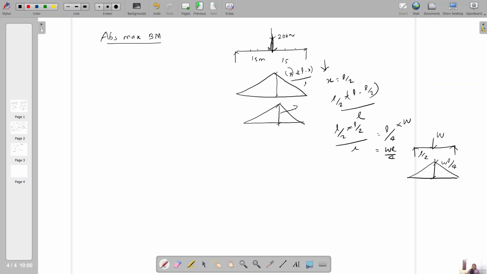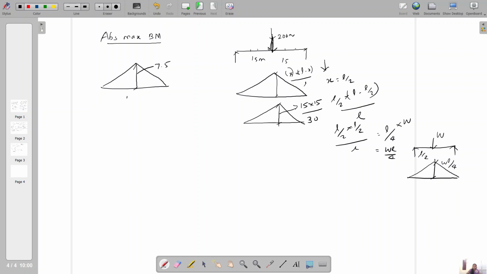So you can directly mark as L by 4, or you can substitute X equal to 15 and L minus X equal to 15 divided by the total span equal to 30. So 15 into 15 by 30, which is 7.5. 7.5 is the ordinate at the midspan.